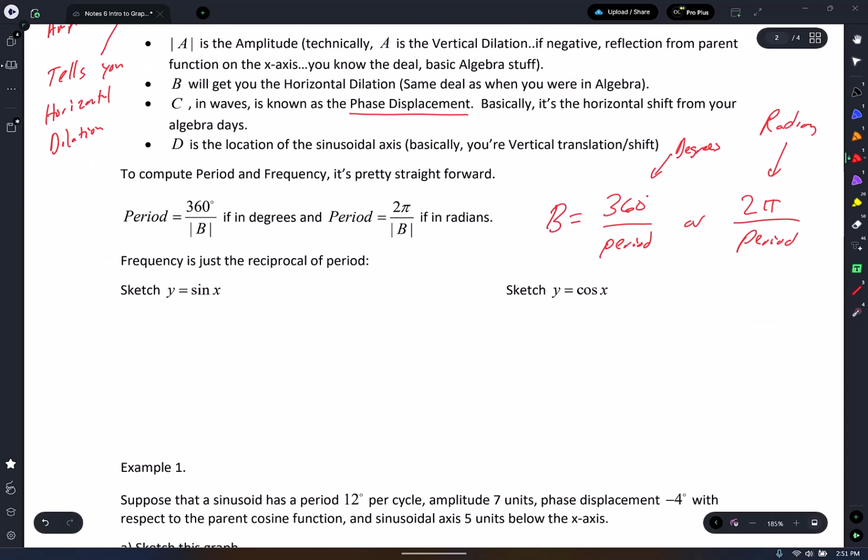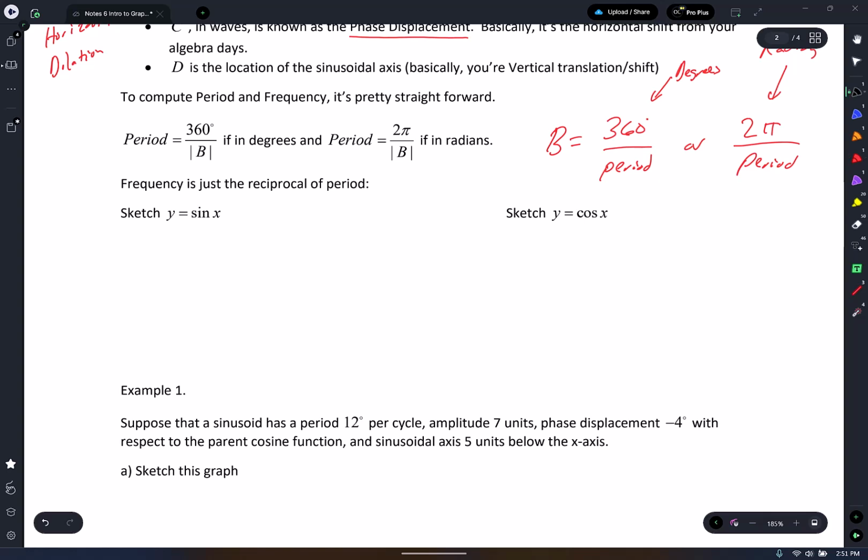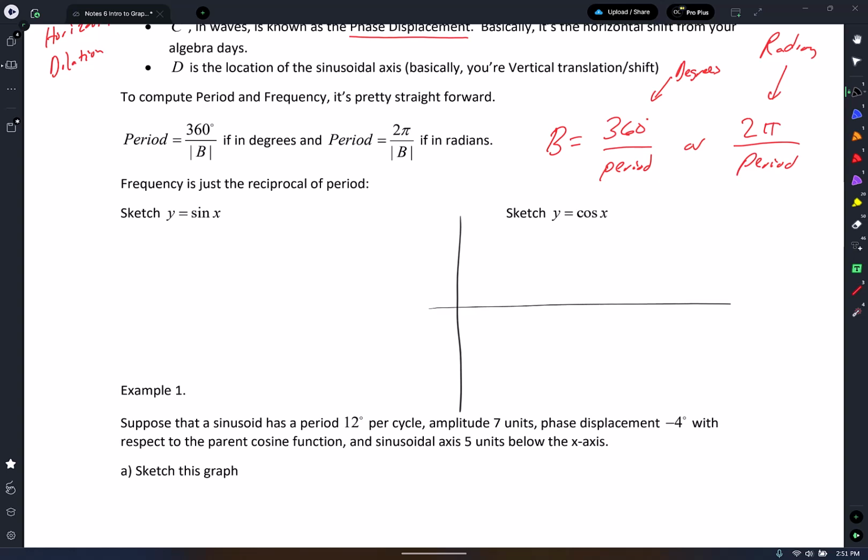So don't worry, guys, you don't have to be perfect. Let's draw a y-axis and then an x-axis right down the middle like that. The highest cosine is going to be is 1, so I'm going to put a 1. I'm going to go the same distance down and call this -1.